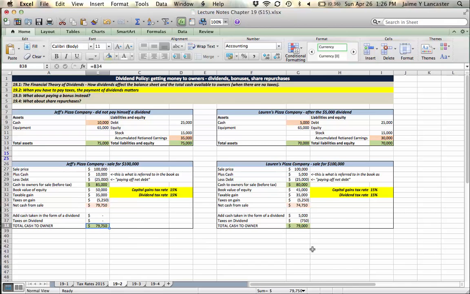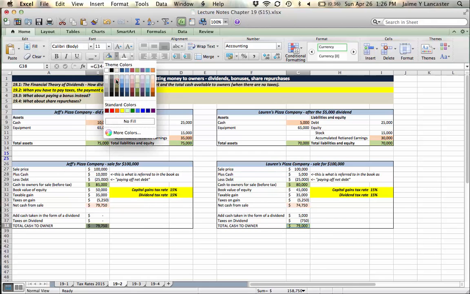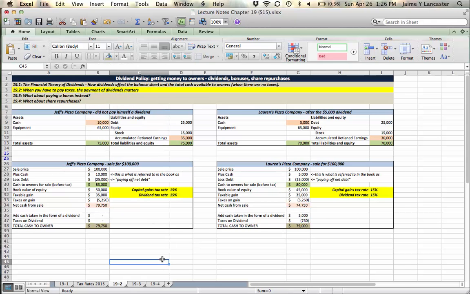So the difference here, that $750, is the result of double taxation, right? The firm pays tax on that cash, right? And then you pay tax again. So when there's tax, at least at these tax rates, right, you can pull more money out of your firm by not taking the dividend, right?